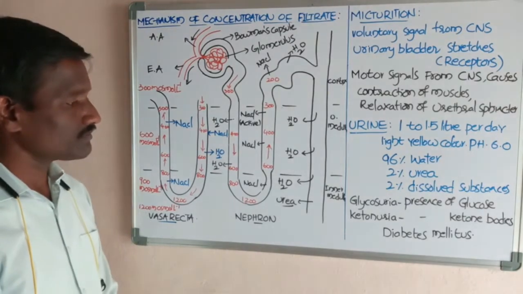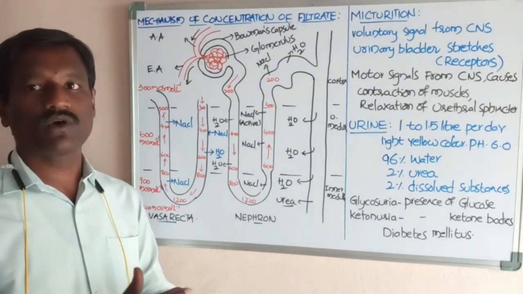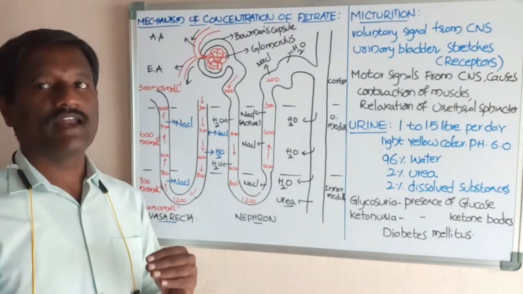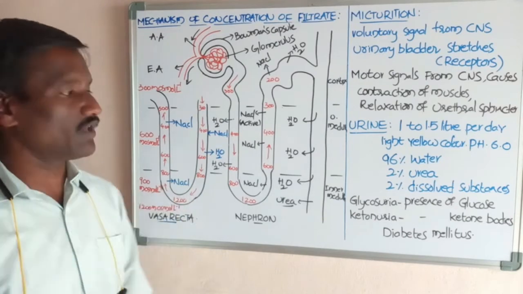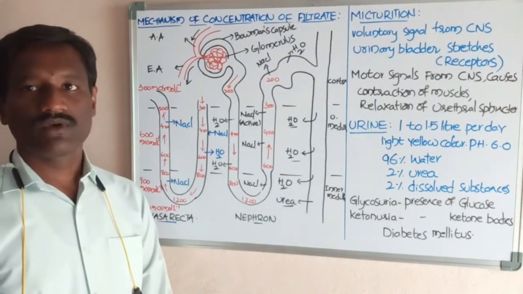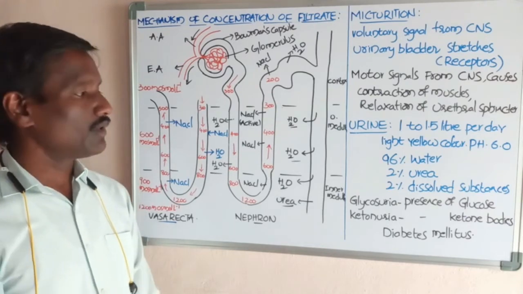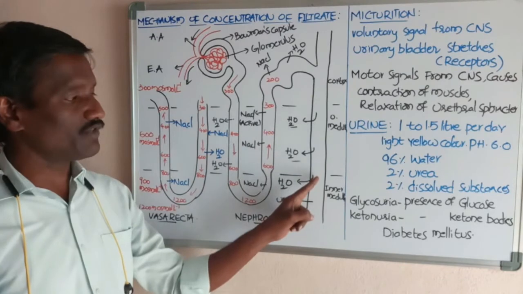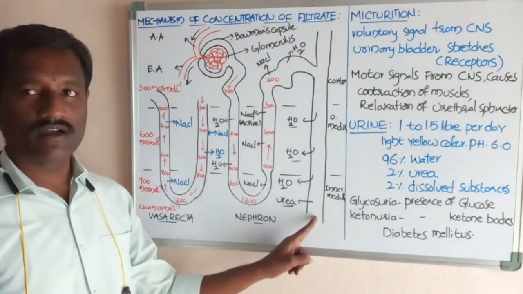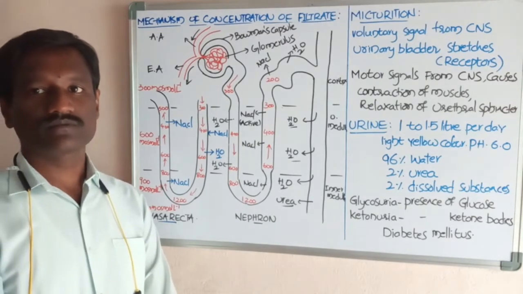Students, the transport of sodium chloride and urea helps in the absorption of water from the collecting duct, to help in the formation of highly concentrated urine.